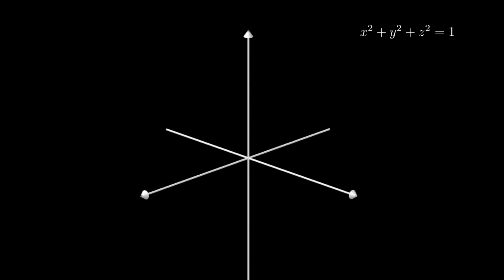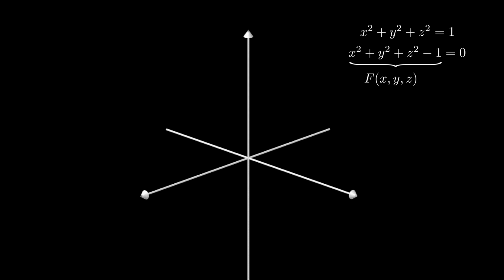Now what happens with this function? This was the equation of our sphere, right? So if I do the same, this is a function of x, y, and z, big F of x, y, and z, but we can't simply graph this. Why?